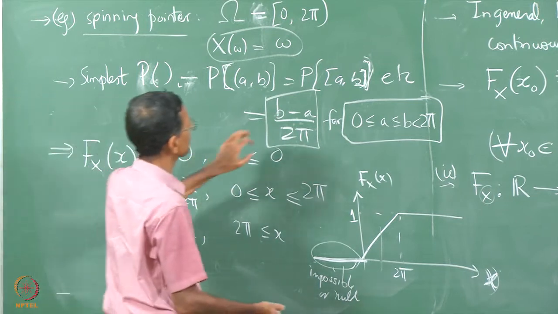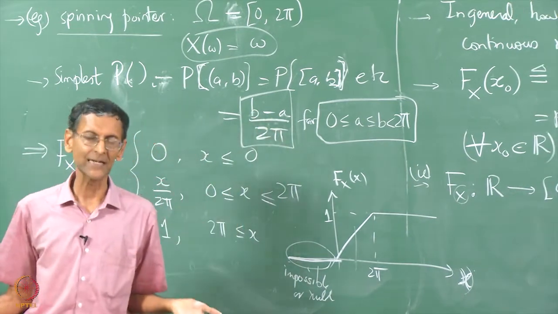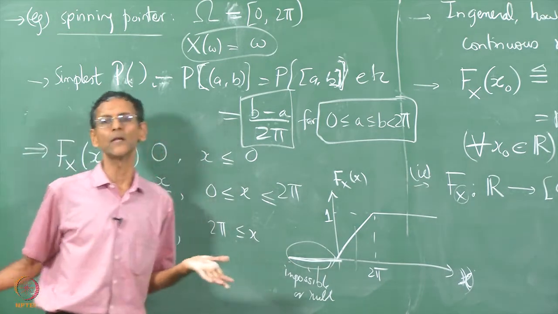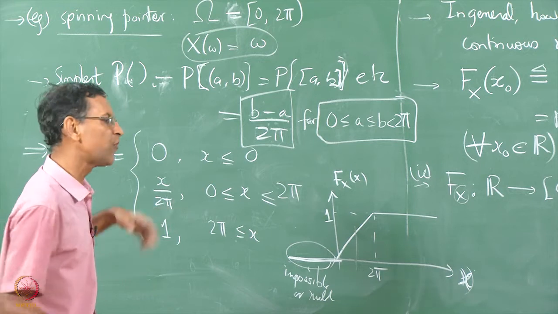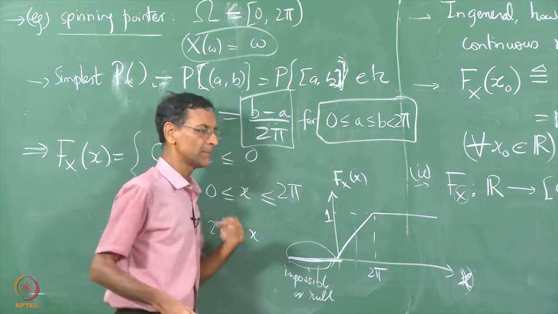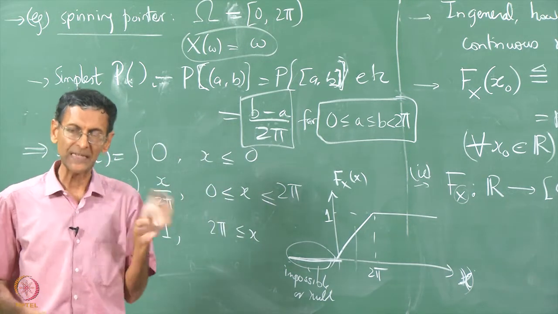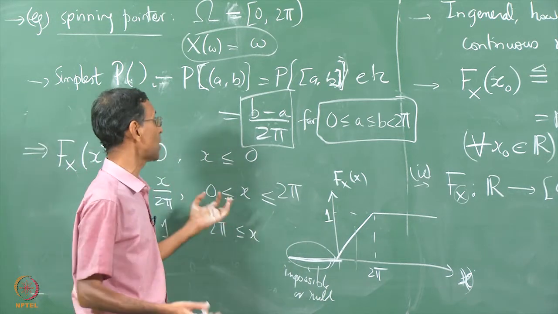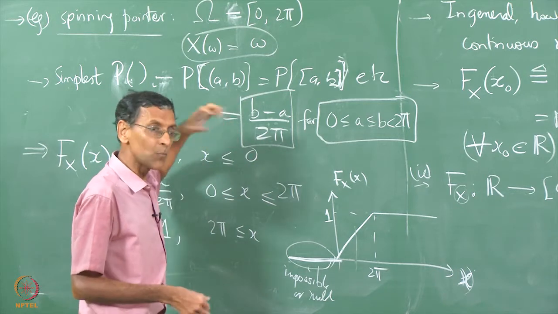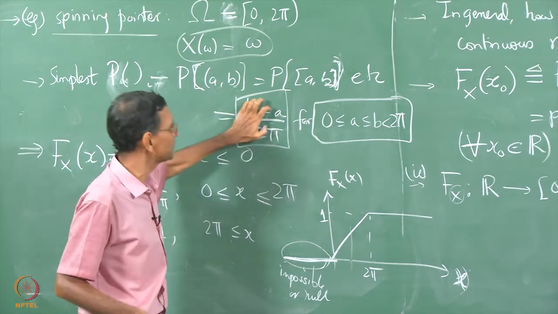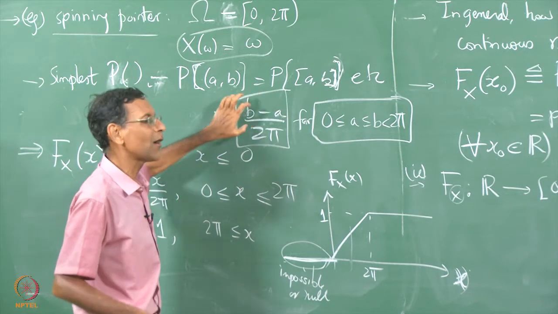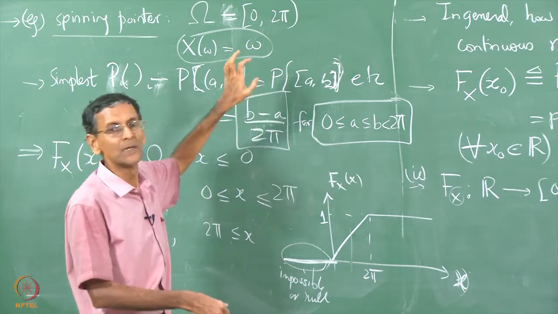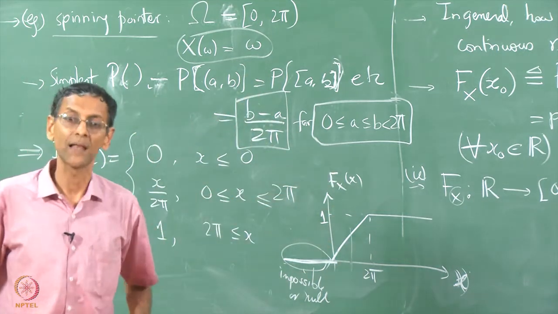All intervals of the same length are identical as far as the pointer is concerned, which is what we expect in practice, unless we have a spinning mechanism which is deliberately, or for whatever reason, not uniform. But anyway, that is a much more complicated situation. So, we take the simplest case again, which is a nicely well oiled machinery, which means that the pointer stops at any point regardless of where the point is on the dial.